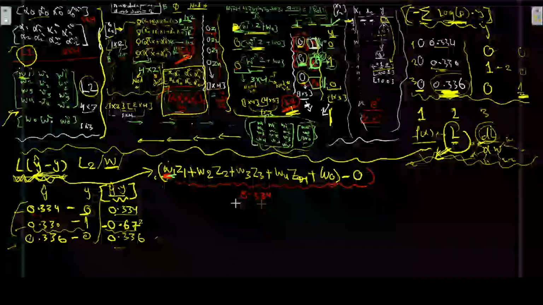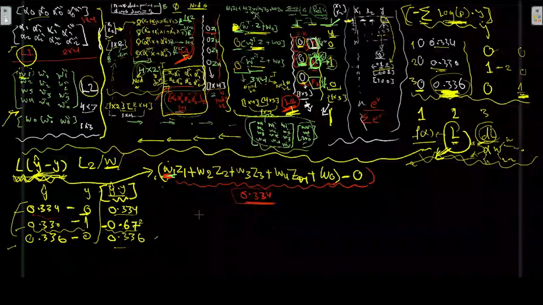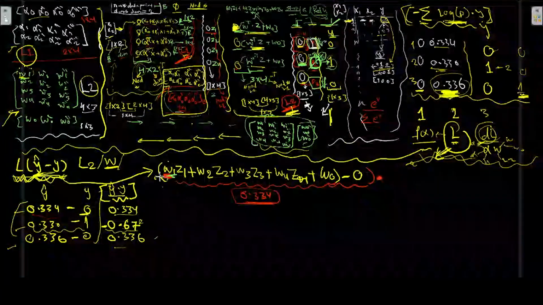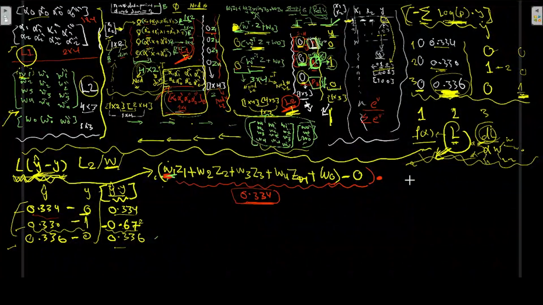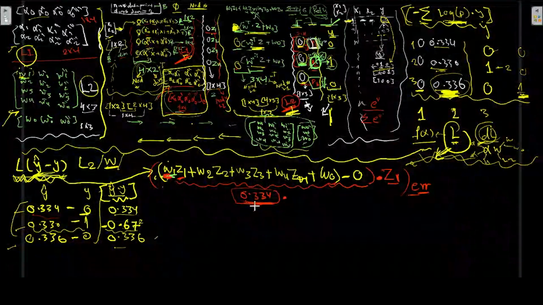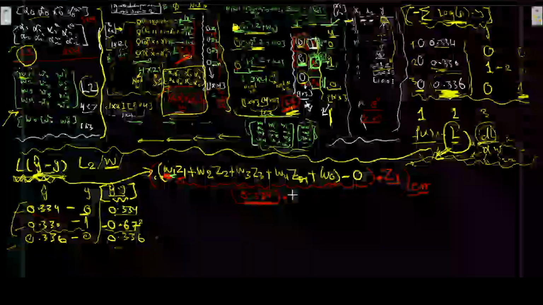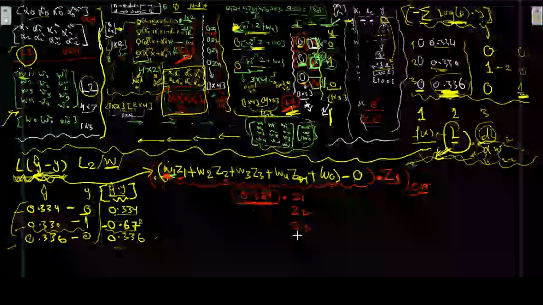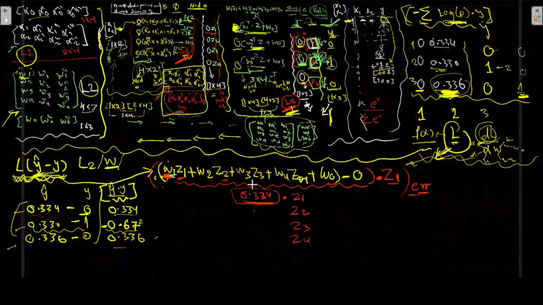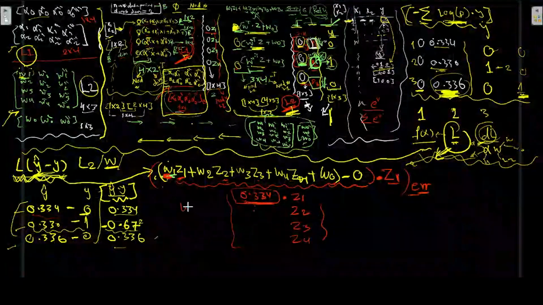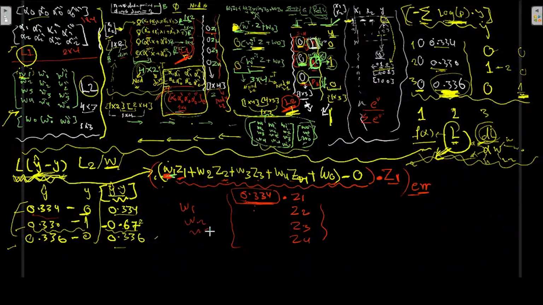That is just 0.334, I mean, the entire term multiplied by the coefficient of W1, which is going to be Z1. That means if I take this error and multiply it by Z1, and the same error again by Z2, and again by Z3 and by Z4, by each one of these coefficients, I will actually get the derivative of the error in terms of W1, W2, W3, and W4.